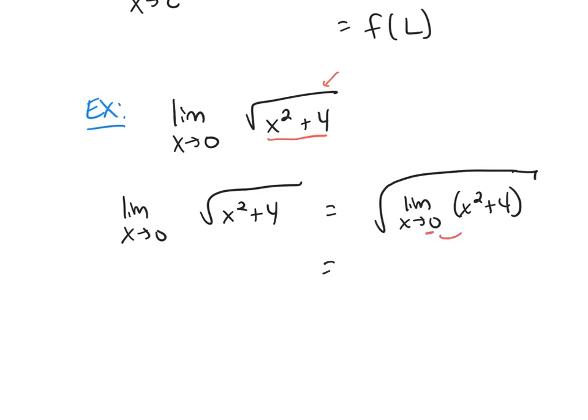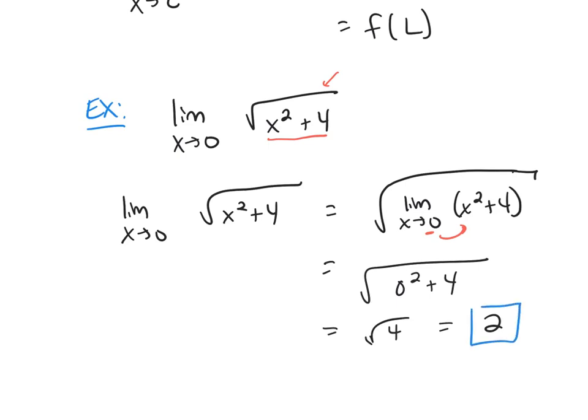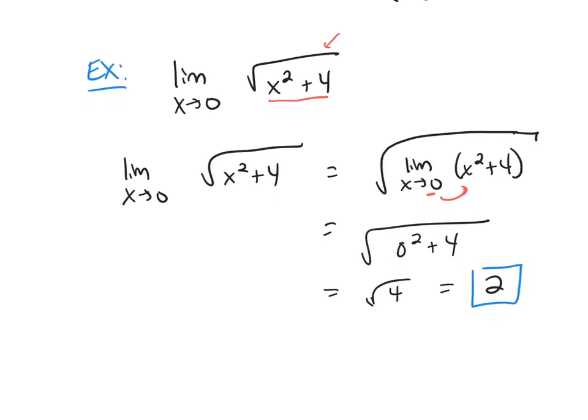So this is the square root of 0 squared plus 4, square root of 4, which is 2. So when you have a composite function, you always have an inside and an outside function, and you're going to bypass the outside, in this case the square root function, and just compute the limit on the inside.